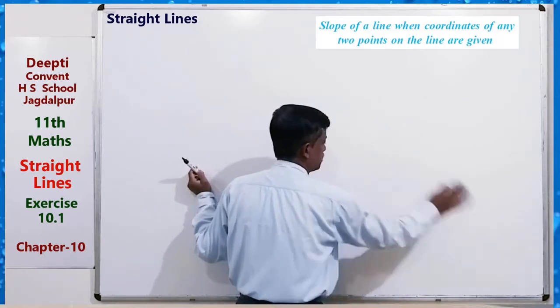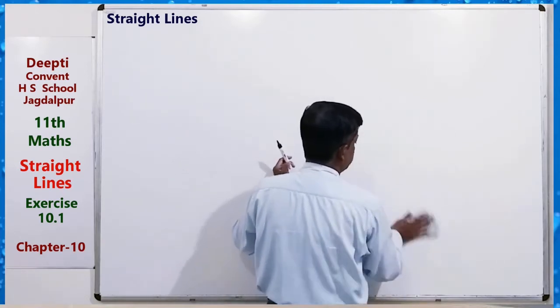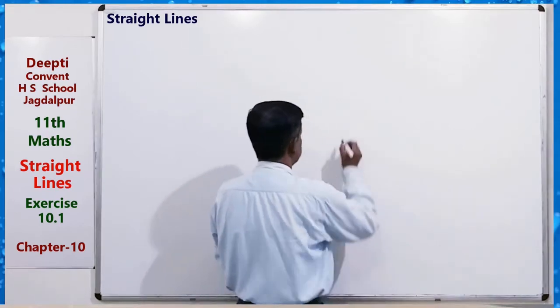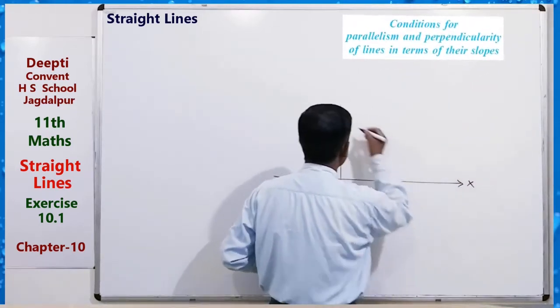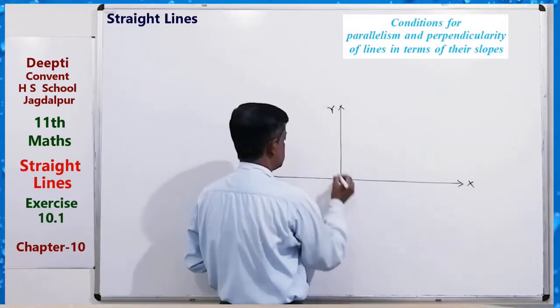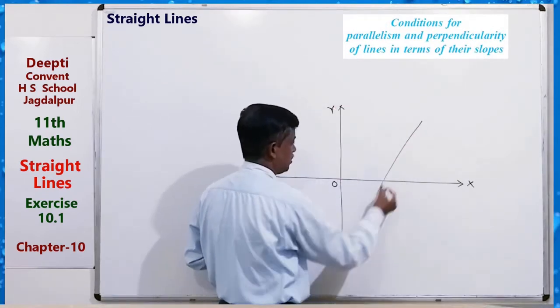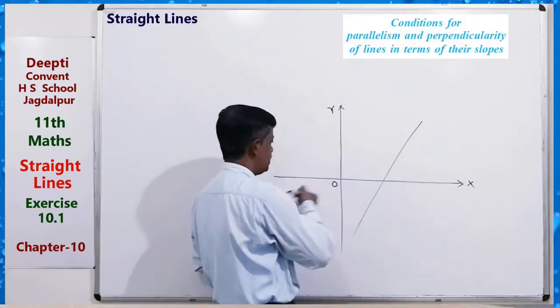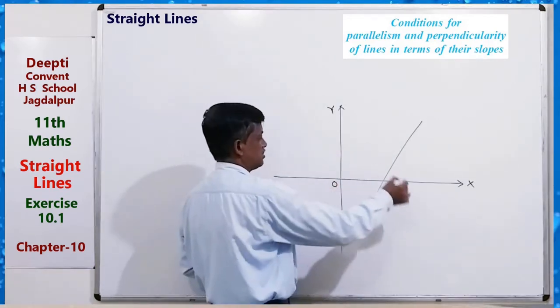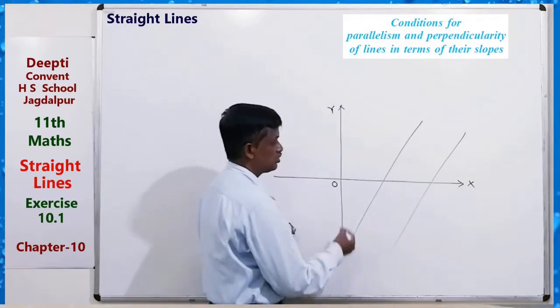Suppose we have a diagram like this: x-axis, y-axis, origin. This is a line. Another parallel line you can draw from here, here, and so on. Suppose here. These two lines are parallel.